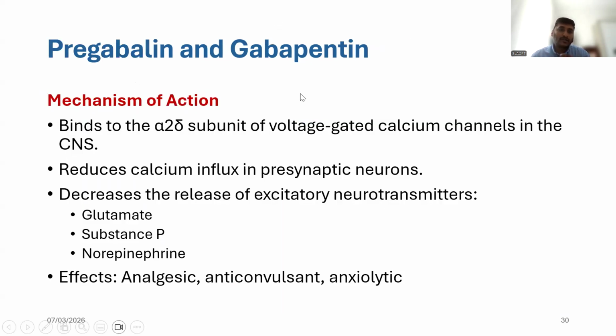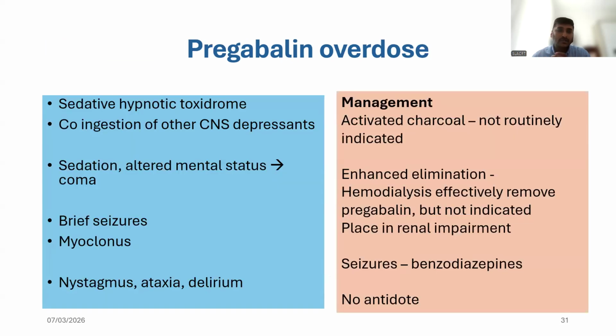And briefly about pregabalin and gabapentin, because these are also misused medications, which also act on the central nervous system, on voltage-gated calcium channels, and this will reduce the calcium influx in the presynaptic neurons and reduce the excitatory neurotransmitters in the end, leading to sedative hypnotic toxidrome again. But they can also have brief seizures and myoclonus as well, that we need to identify.